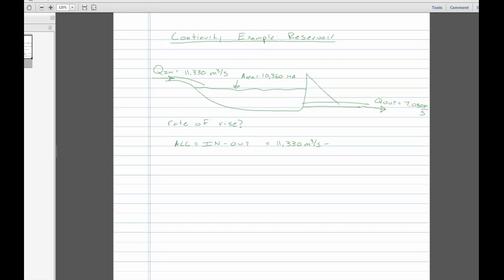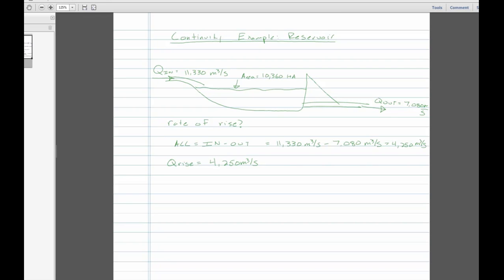The flow rate out is 7,080 cubic meters per second, and so the difference between the two is 4,250 cubic meters per second. That is the Q rise. That is the net flow rate that's causing the liquid level to rise in the reservoir.